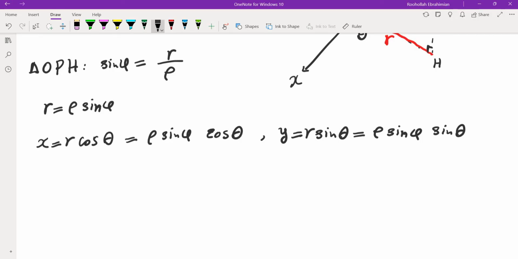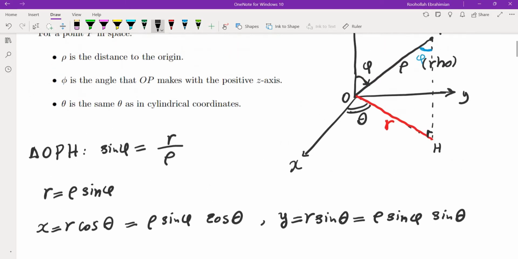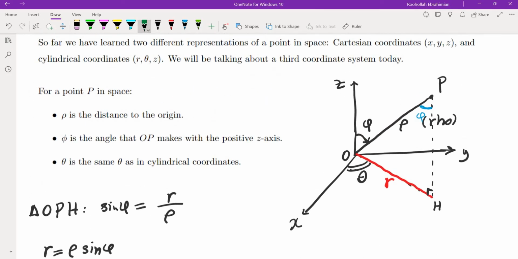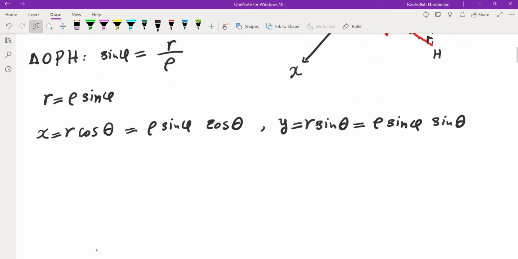So these are the relations between x and y and spherical coordinates. If we drop a perpendicular from this point, we can say this is z. Looking at this right triangle, the adjacent side, which is z, is equal to rho cosine of phi.